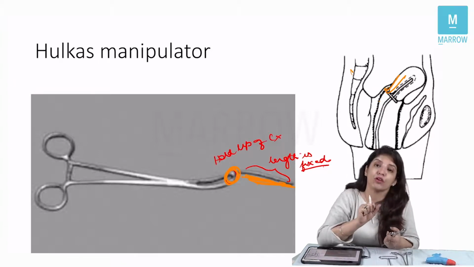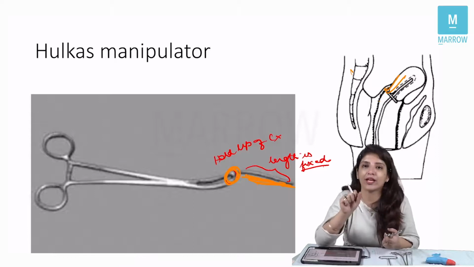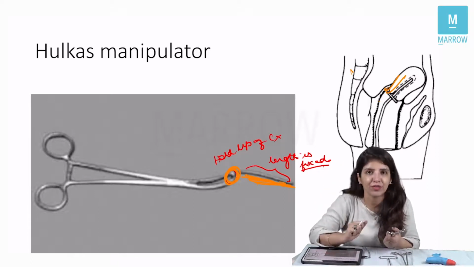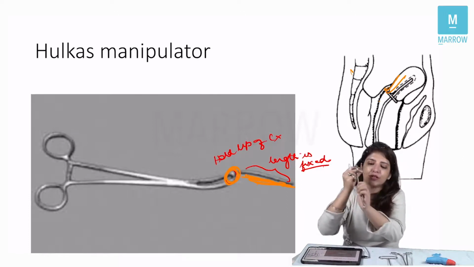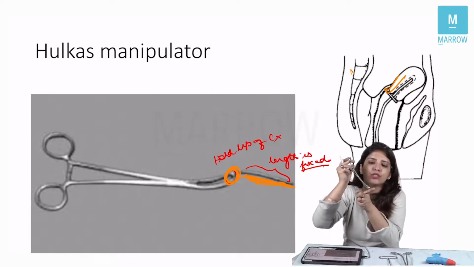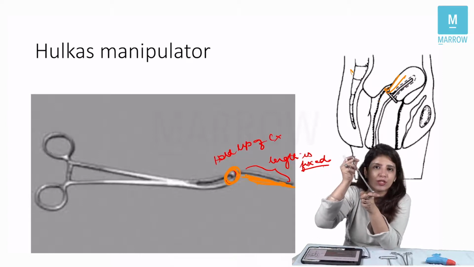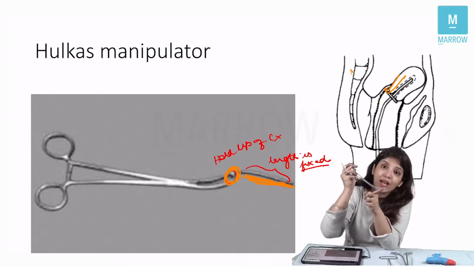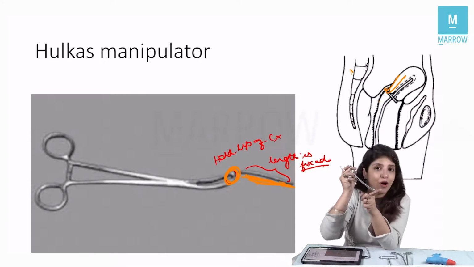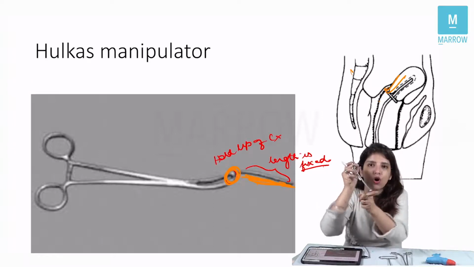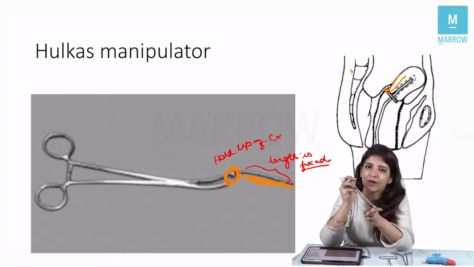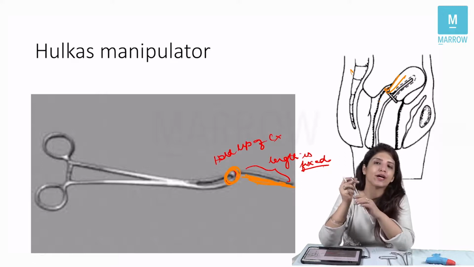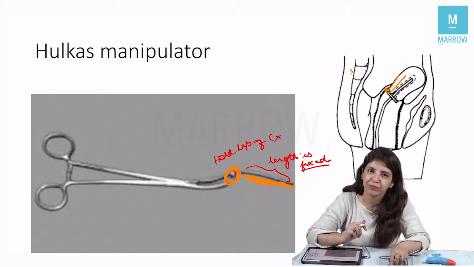Suppose the uterus is bigger than the rod length, then it is not going to reach up to the fundus of the uterus. On the other hand, if the uterus is small, this rod is going to perforate the uterus. That is why we do not use Hulka's manipulator these days. Clear?